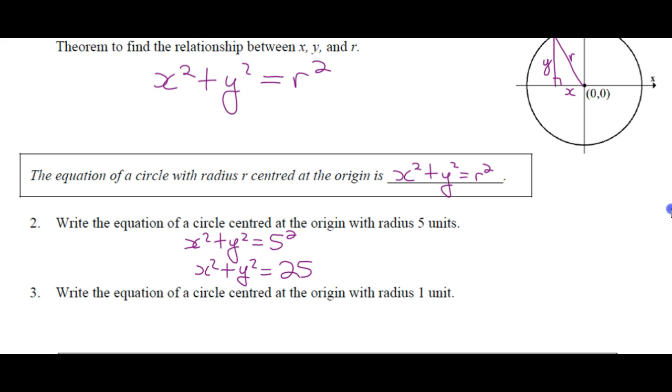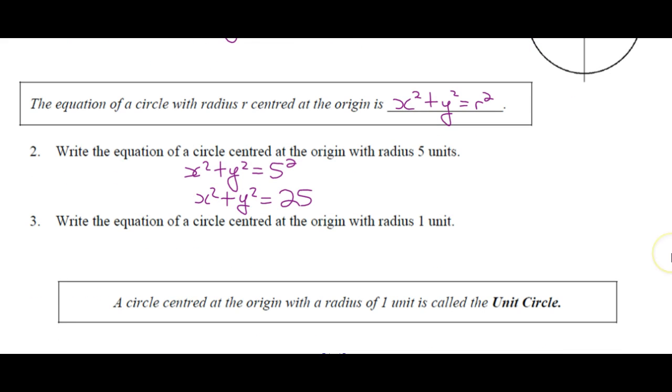Write the equation of a circle centered at the origin with radius 1 unit. So what would that be? Yeah, x squared plus y squared is equal to 1 squared, or just x squared plus y squared equals 1.